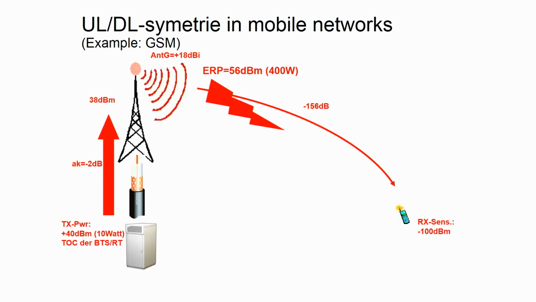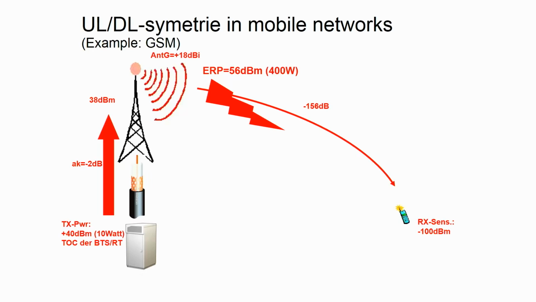But the antenna really has 2 decibels wire attenuation, and there's less than 10 watts real power. And then I have an attenuation on the way. There's maybe 156 decibels on the way through the air, and that's maybe 1,000 kilometers.